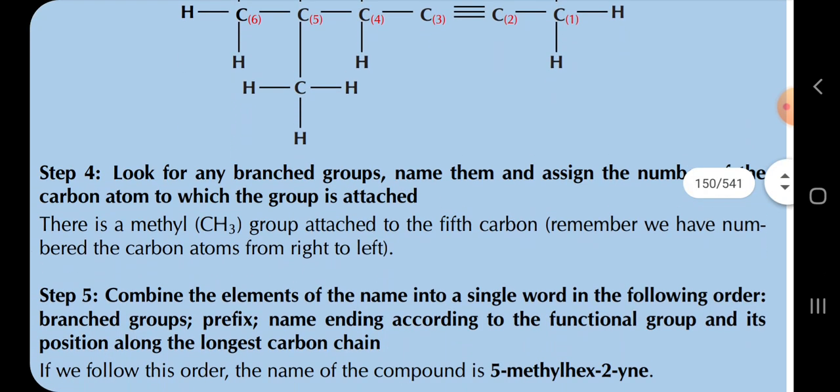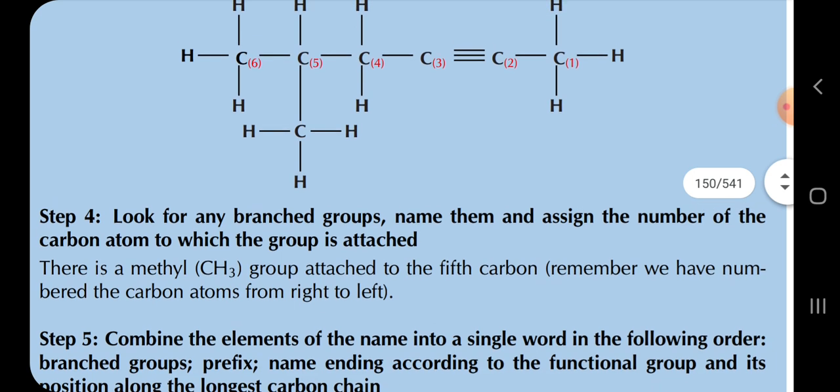Look for any branched group, name them, and assign the number of the carbon atom to which the group is attached. So there is a methyl group attached to the 5th carbon. So we have a branch that is on the 5th carbon. Remember, we have numbered the carbon atoms from right to left.